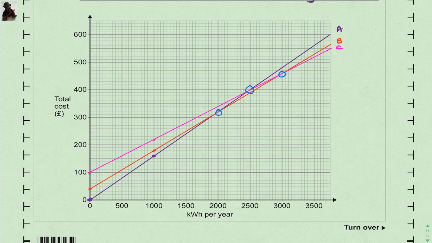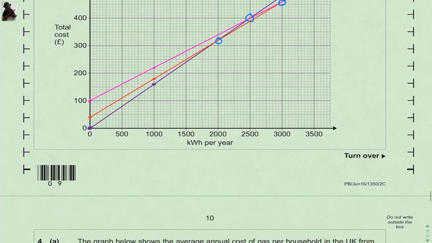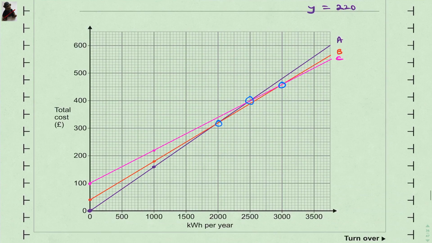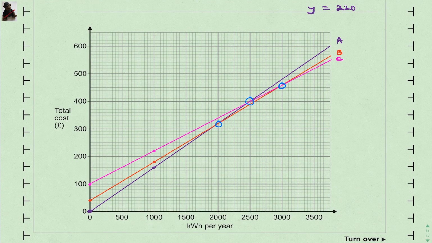So the advice for the customer, from the graph: tariff A will be when x is less than 200.